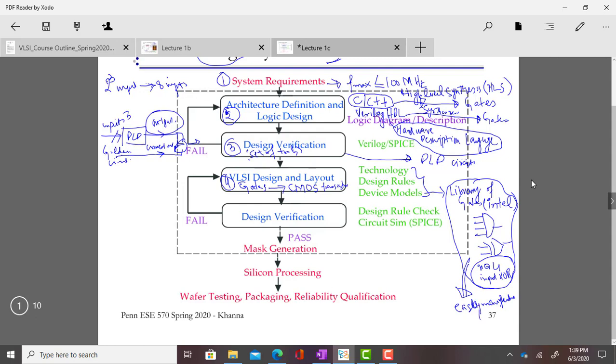So for example, the 4 input XOR gate, maybe they cannot easily manufacture, so they decide not to put it in their library.